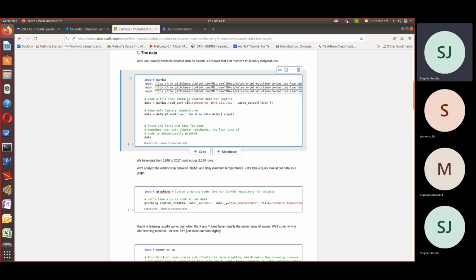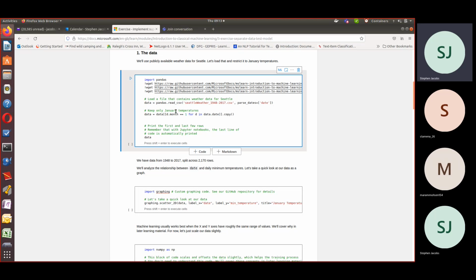And that's what that first thing does. And it's parsing dates. So we're making parse dates to be equal to the date column.